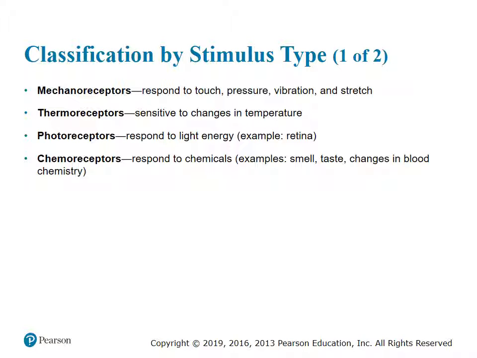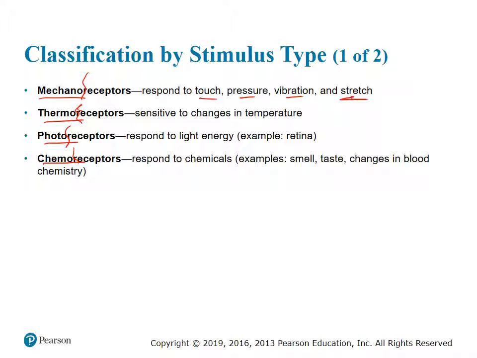We've really discussed these before, but they're very easy to understand because they're actually two words in one. There are mechanoreceptors, thermoreceptors, photoreceptors, and chemoreceptors. Mechanoreceptors, think of something physical: touching, pressure, vibration, stretching.